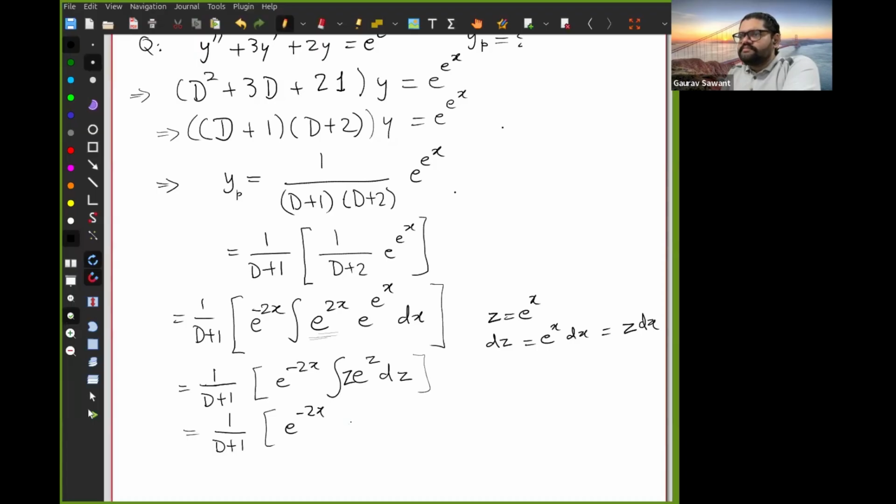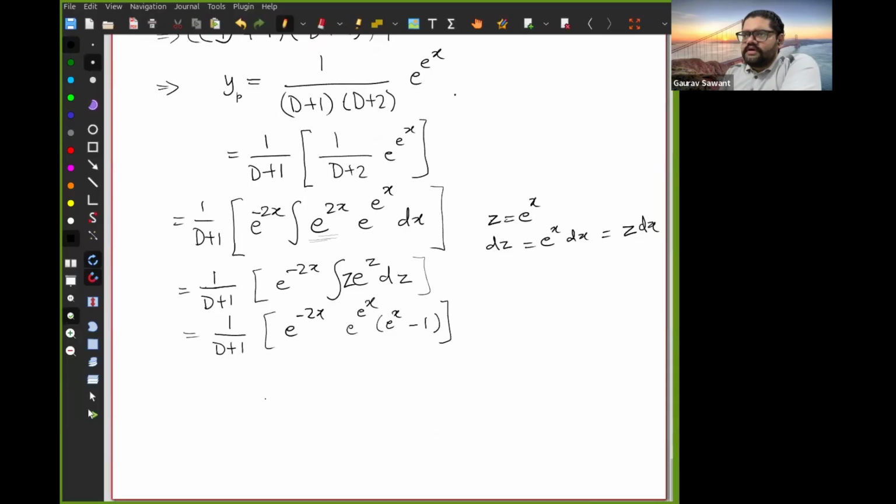Inside is e power z minus 1, and then z is e power x, so e power x minus 1. So this is going to be a bit longish, but we'll wrap this particular one up. 1 over d plus 1: there is e power x common, and inside I have e power minus x minus e power minus 2x.